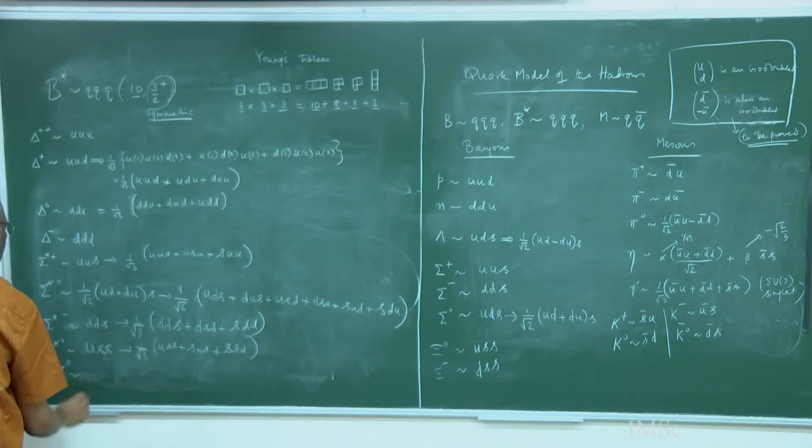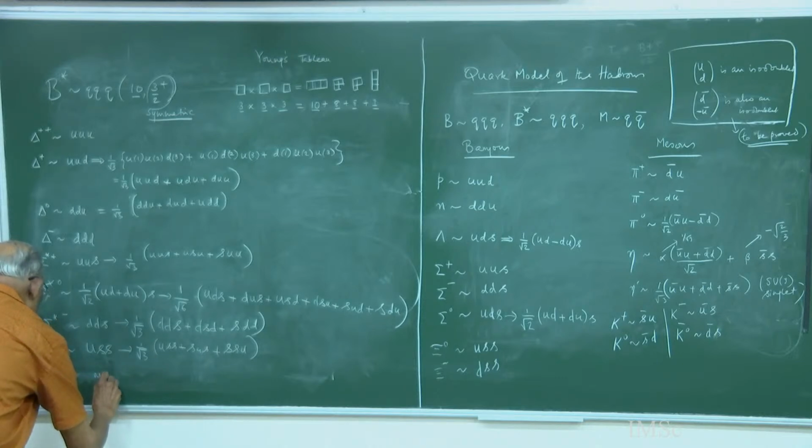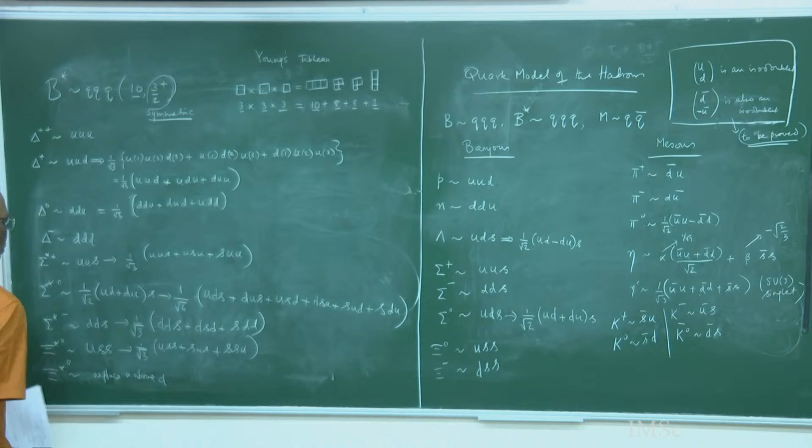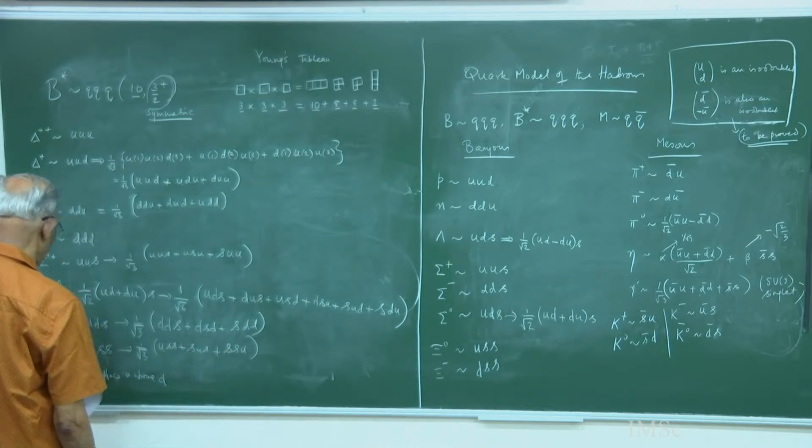This I will not write down for the other one, you have to replace U by D. It's very easy to write down. It's exactly like this, except that wherever U comes, put D. Then what is missing? Omega minus.